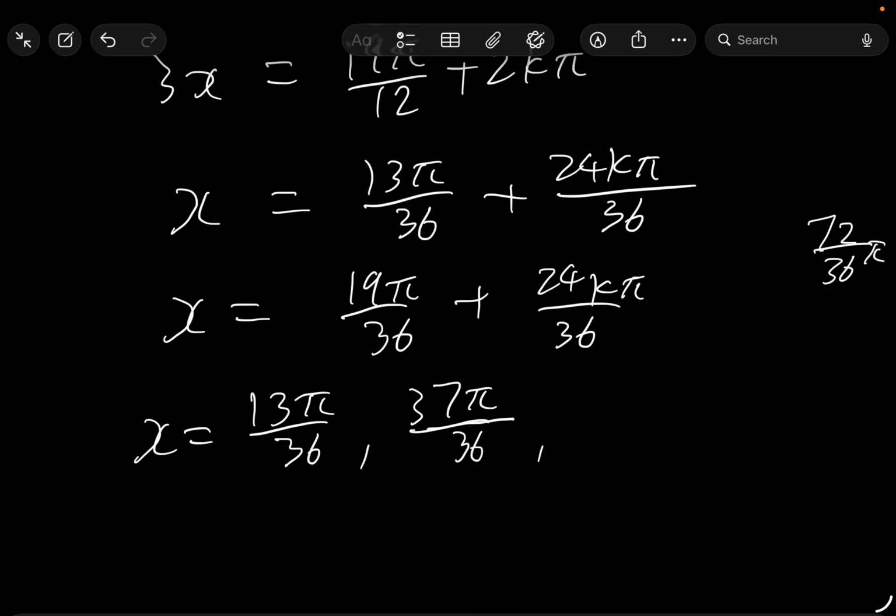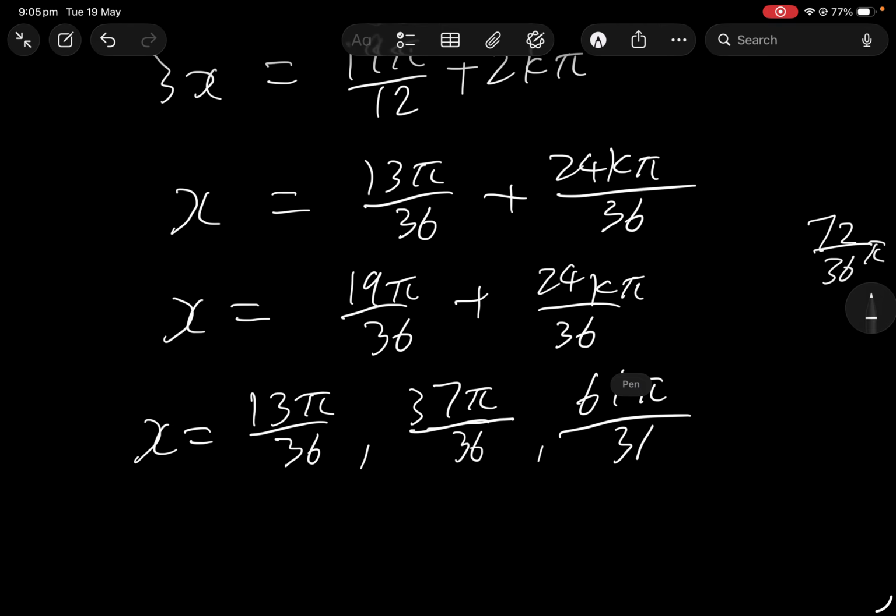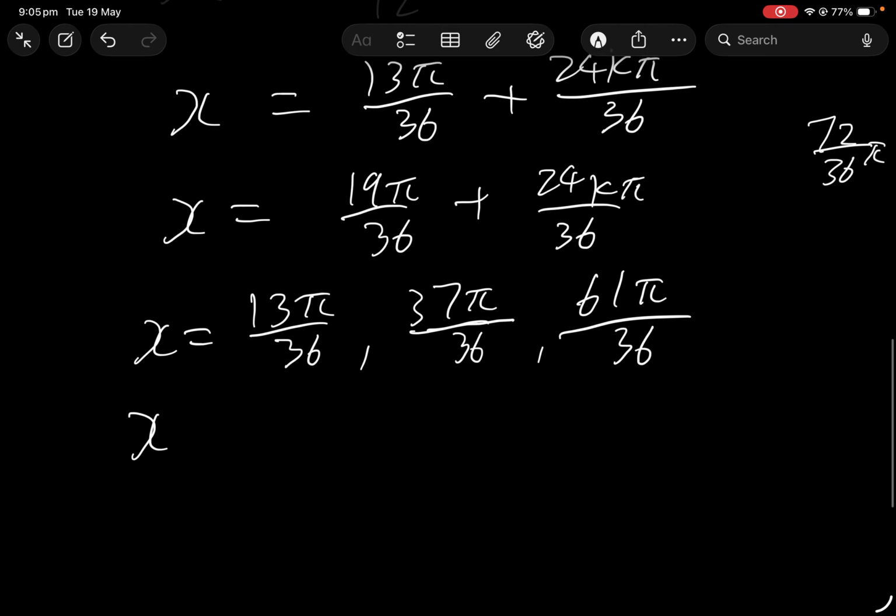48 should be 61. 61 pi over 36. For our second row, it should be 19 pi over 36 first, and 43 pi over 36, and it's 48 again. 48, it'll be 58. 58 plus 9 is 67.